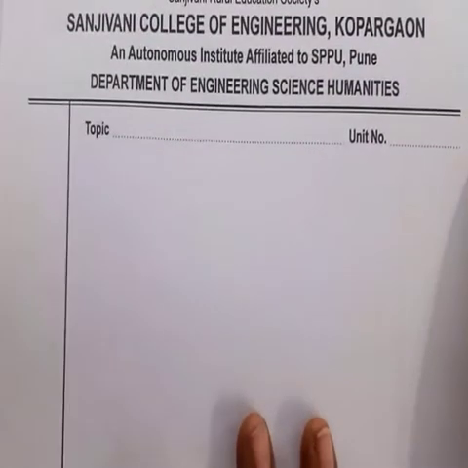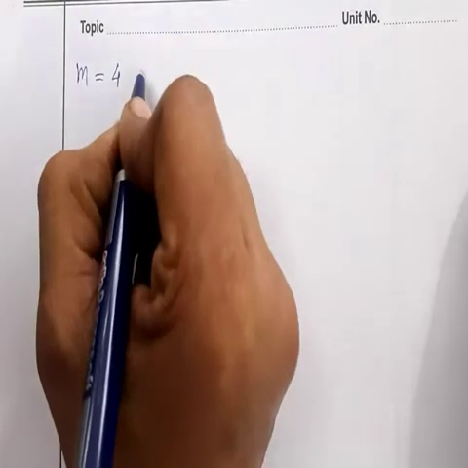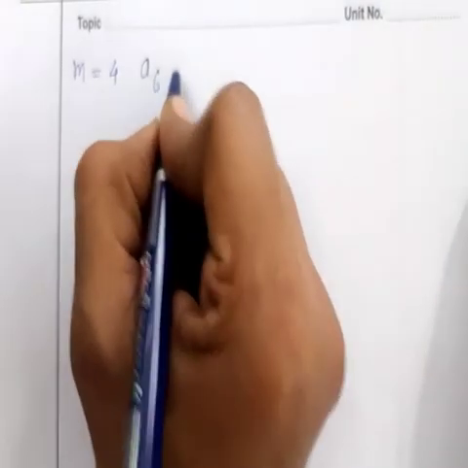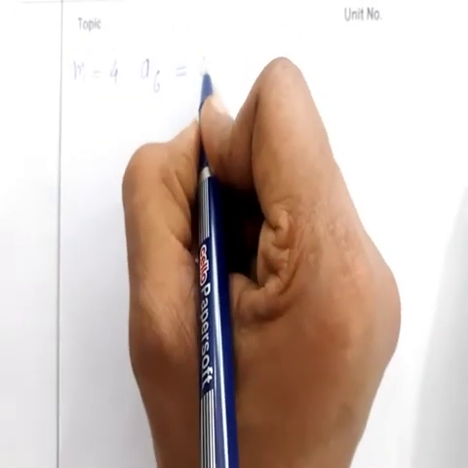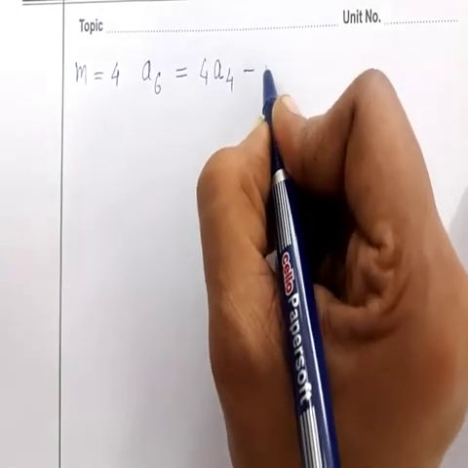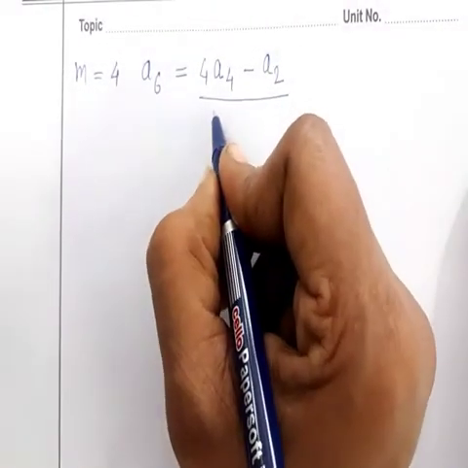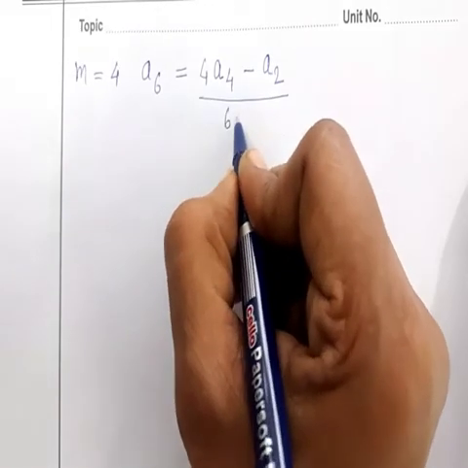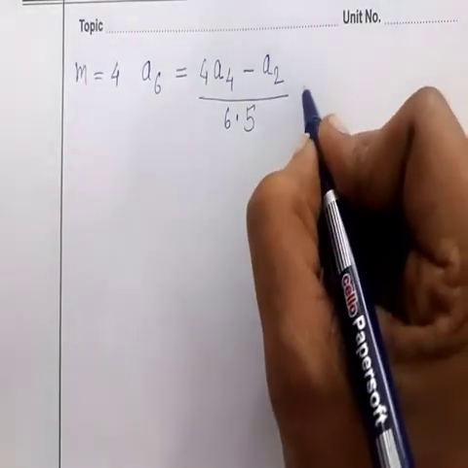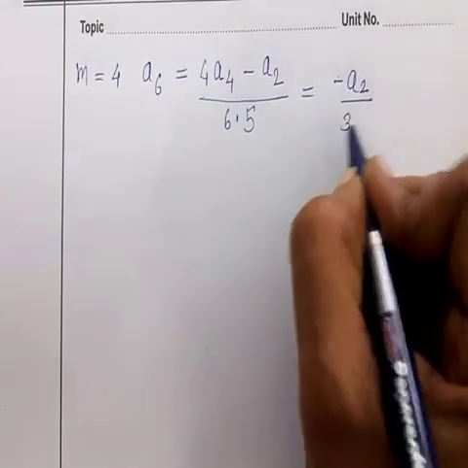Then put m is equal to 4. If we put m is equal to 4, we get a6 equal to 4 multiplied by a4 minus a2, divided by 6 multiplied by 5. Here a4 is equal to 0, so it is minus a2 divided by 30.